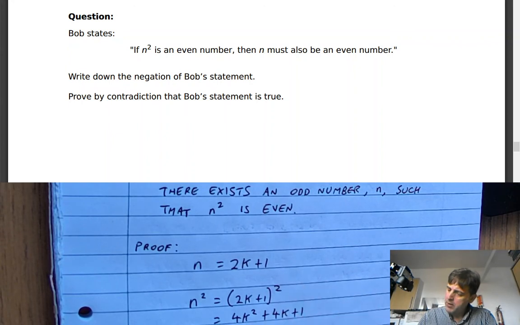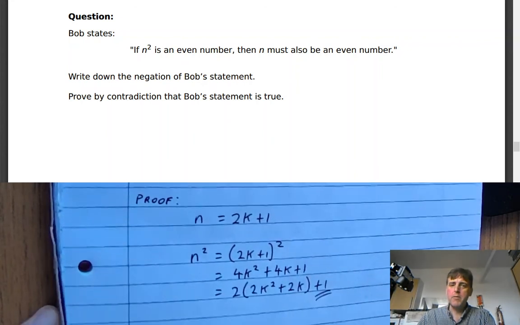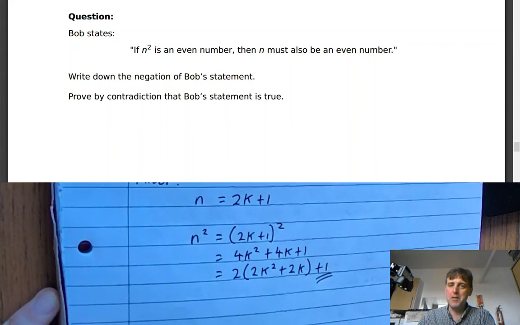And of course, if I want to consider whether that's an even number, then I need to think about whether I can write it as a multiple of 2. Well, if I take 2 out as a factor from the first 2 terms here, we end up with 2 times (2k squared plus 2k) plus 1. Hopefully you can see what I've done there.